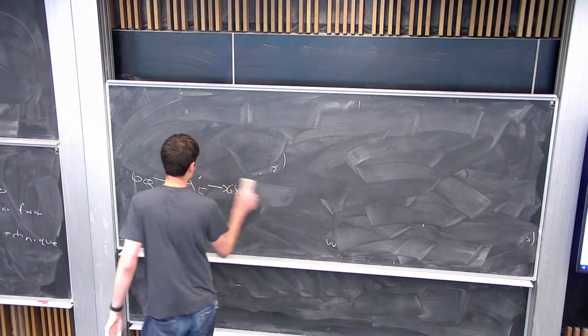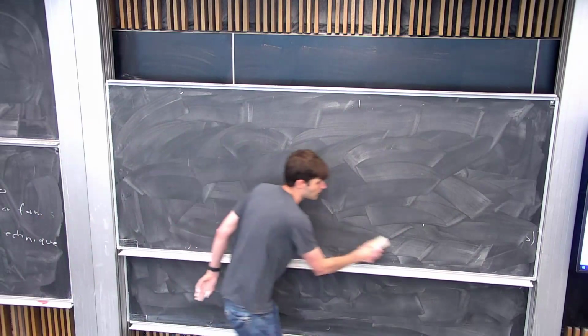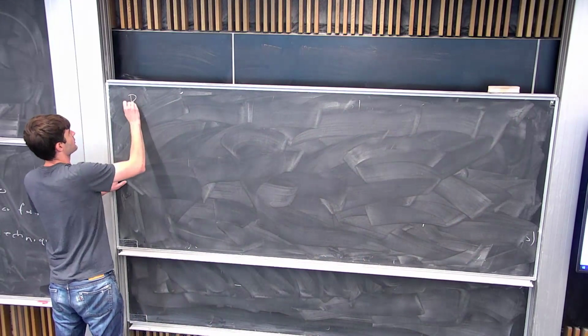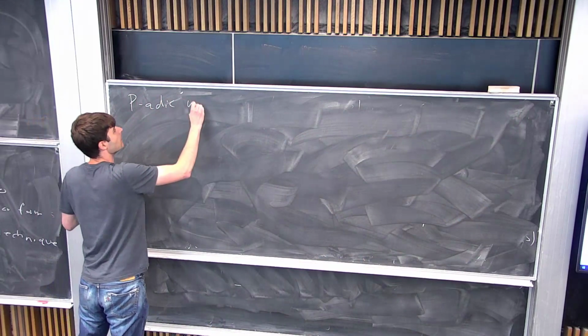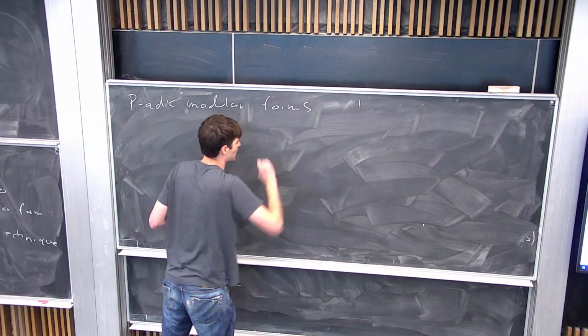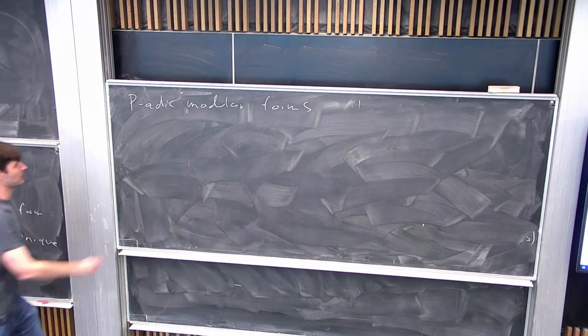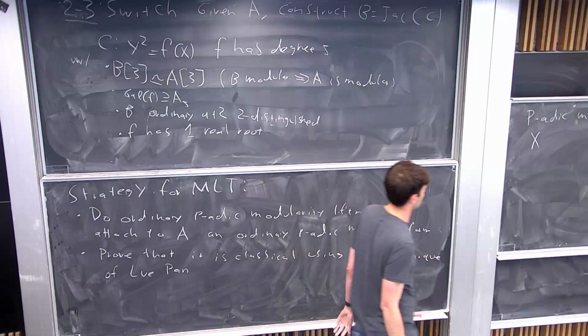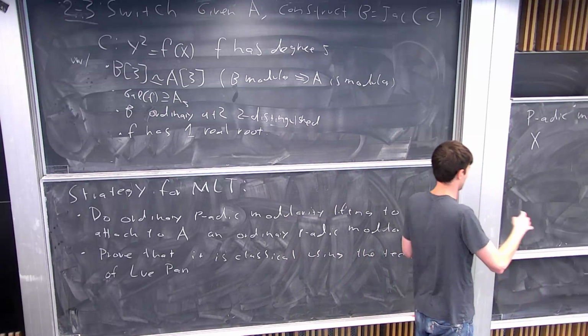Okay, so I need to talk about p-adic modular forms. Finally. And so I'm going to be working in the setting of coherent cohomology, so I need to introduce the space that these forms are going to live on.